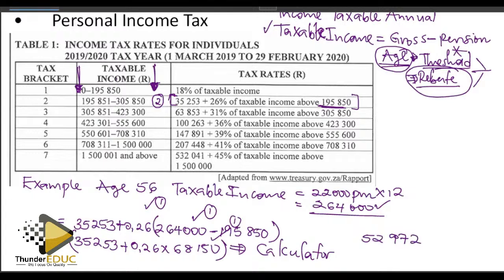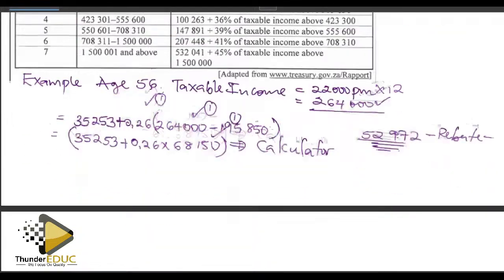Now, if the table has a rebate, please subtract the rebate. But if the table is naked like this one, you leave it as it is. If the person pays medical tax credits, you also subtract the medical tax credits.